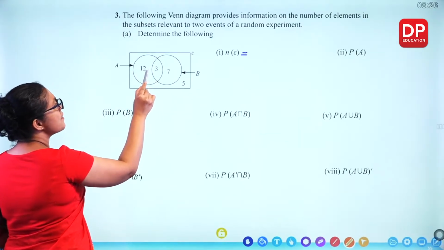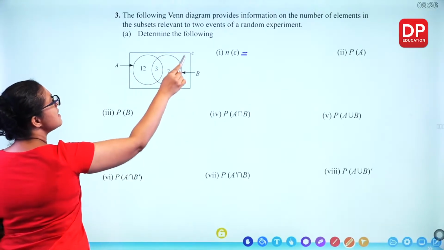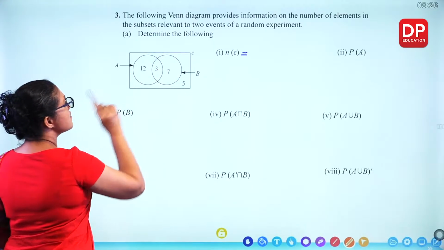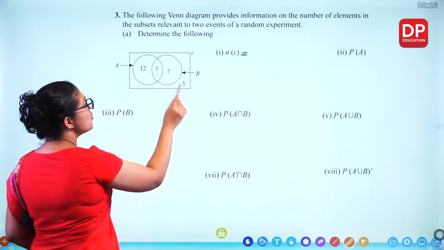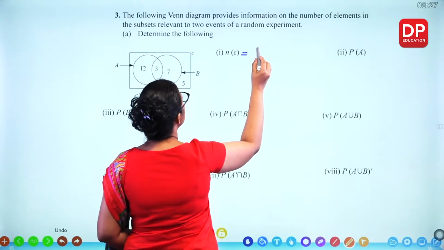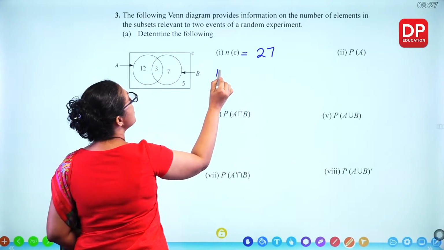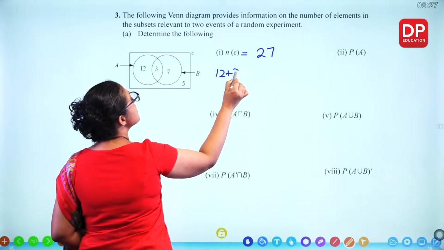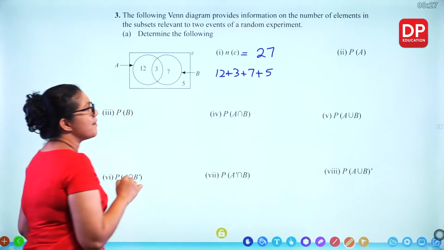So 12 plus 3 plus 7 plus 5 is the entire set. So 7 plus 3 is 10, 10 plus 12, 22, 22 plus 5, 27. So I'll write down how we got 27, 12 plus 3 plus 7 plus 5.